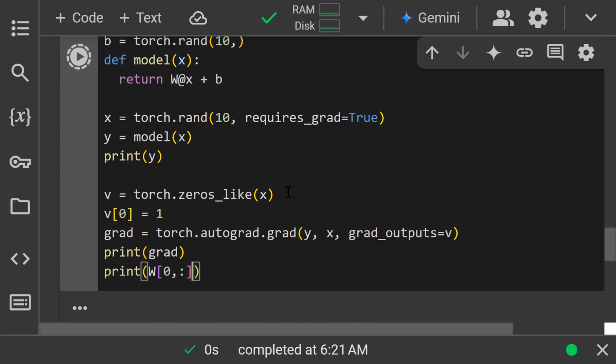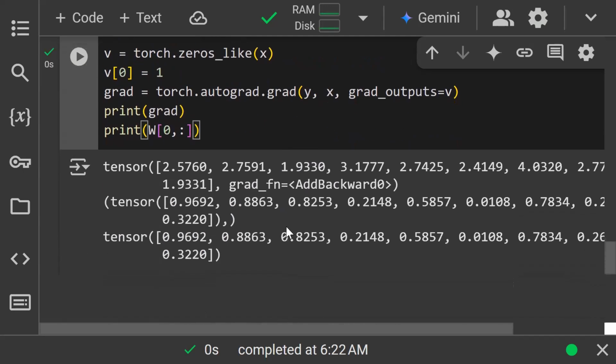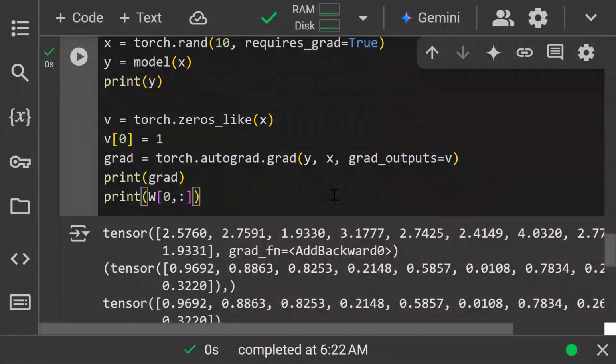This and the grad should be exactly the same, as expected. So now you have the tool to compute the gradient, or derivative, of whatever function. Whatever complicated function you have, you now have the tool to take the derivative.